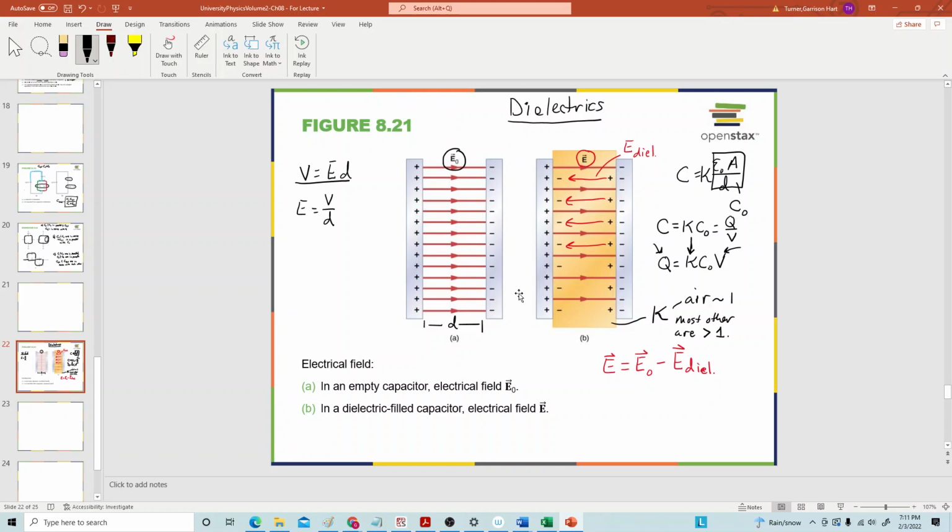Okay? And we'll find the same thing with magnetic fields too. Anytime you have magnetic fields, you have energy. So, how much energy is in the field of a parallel plate capacitor? Well, let's find out.